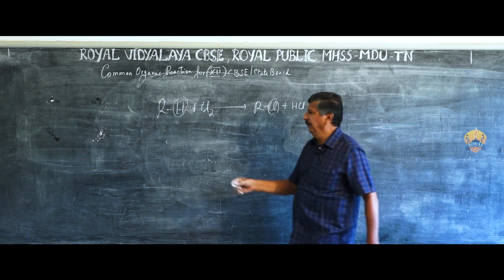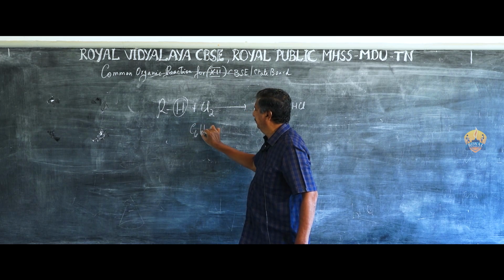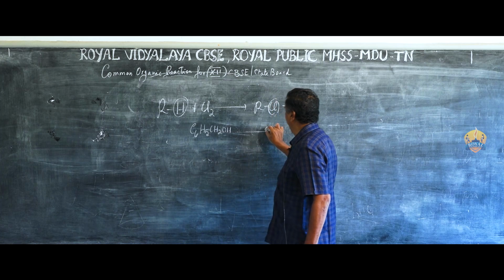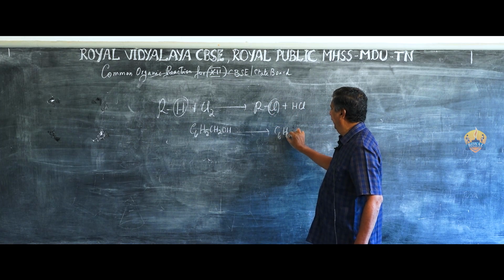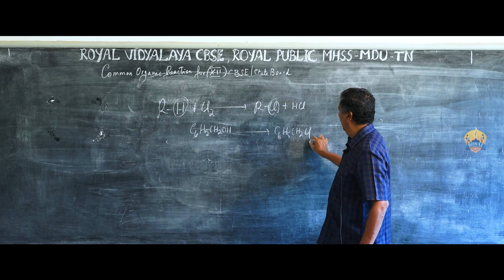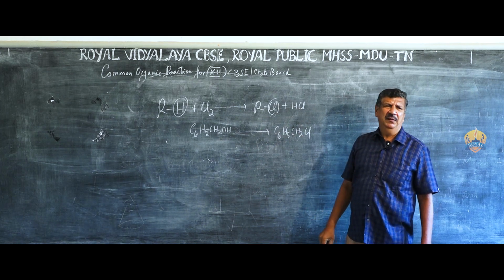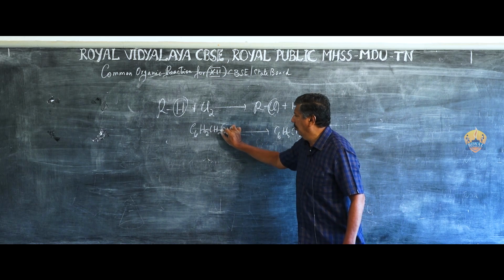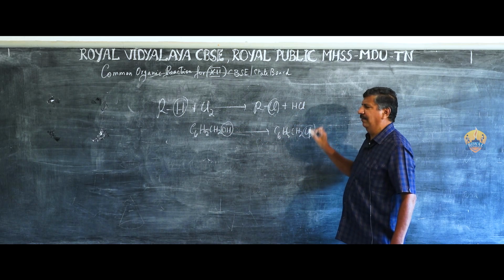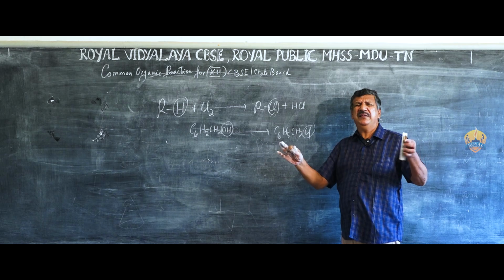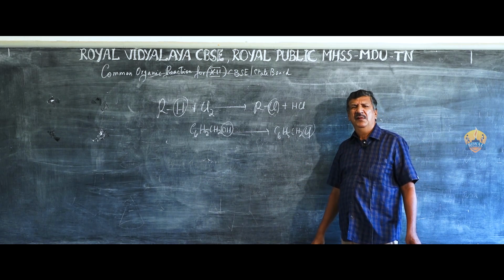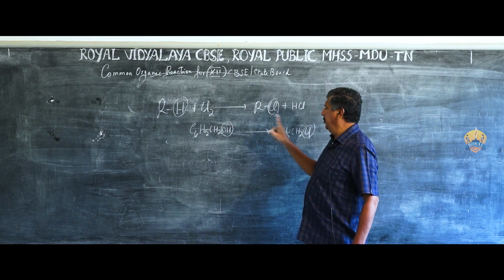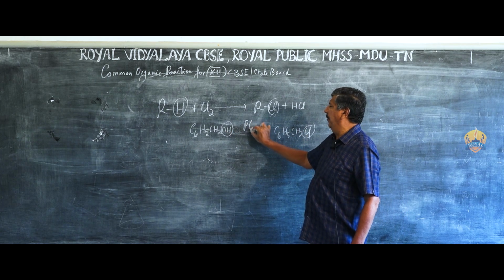For example, if somebody asks you benzyl alcohol to benzyl chloride, you check the question. What is the purpose of this question? The OH is converted into Cl. Don't see the benzyl, ethyl and all. You see the functional group. If you want to convert OH into Cl, you choose PCl5. That's all.